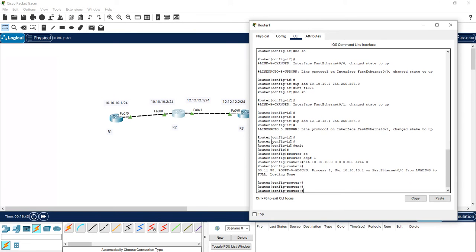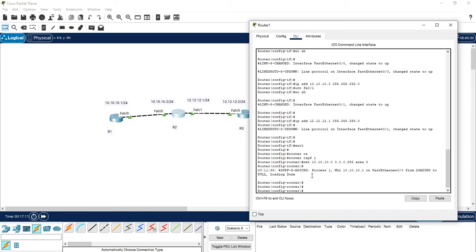Here we are. You can see the process ID, network from 10.10.1, which is router 1, on FastEthernet 0/0. It means this interface. From loading to full, loading done. So OSPF adjacency works, right? It works.